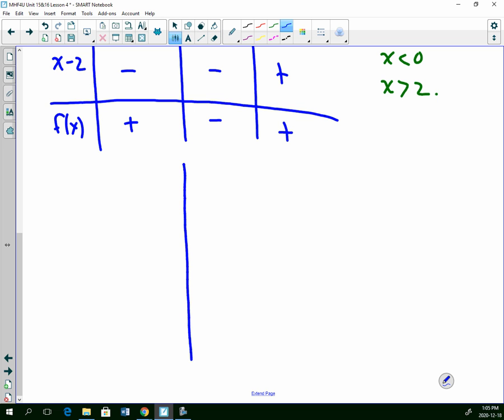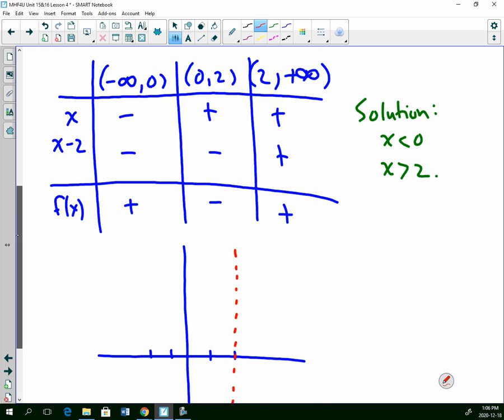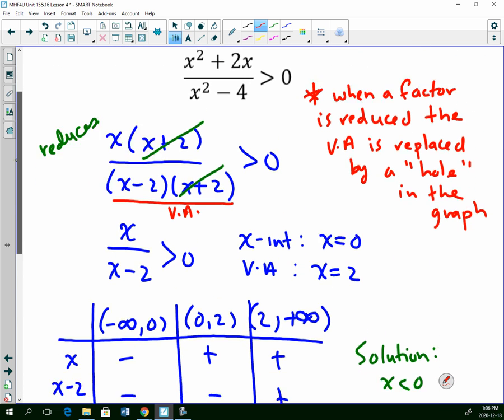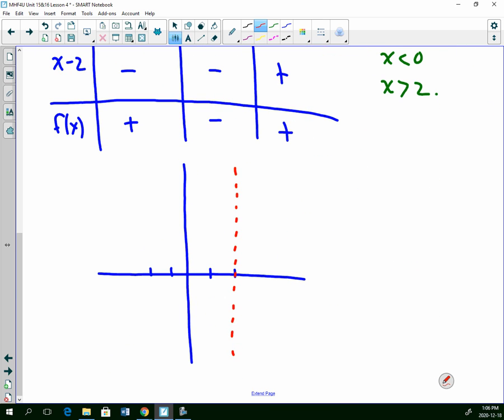So this is what my graph looks like. So I'll just put it here. So we had a vertical asymptote at 2. My horizontal asymptote, if I were drawing this, the degrees are the same, so it would be the leading coefficient, so it would be at 1. So my horizontal asymptote would be at 1.